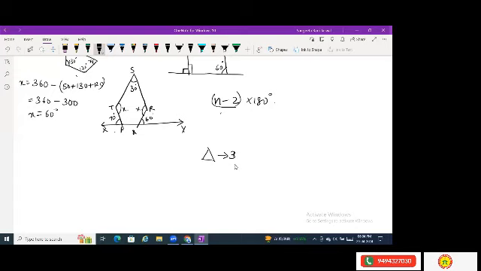When you have three sides here, we say that the angle sum property is 180 degrees, right? Now it's given that in the other figure, it's a four-sided figure. The number of sides are four. So now the angle sum property is 360 degrees. We know that, the sum of angles of a quadrilateral.